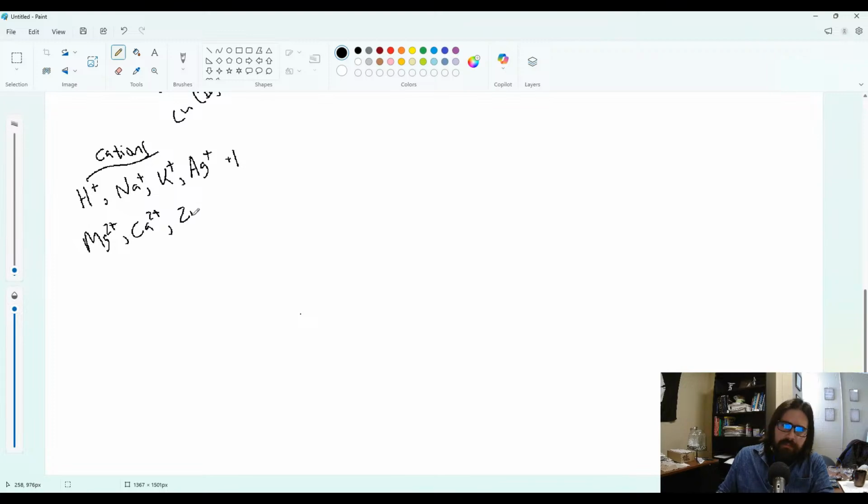Zinc. And then there's a series of, yeah, let's do these ones too. So then copper. These are just the more common ones. Lead. And then iron, like we just described. That would be ferrous iron. Okay, so these are all +2.